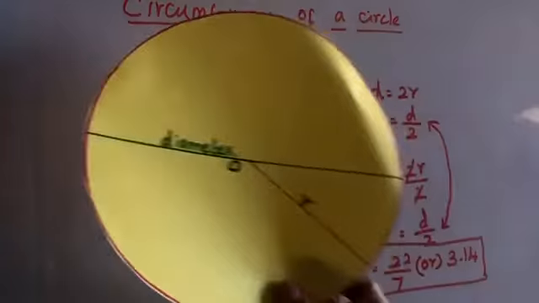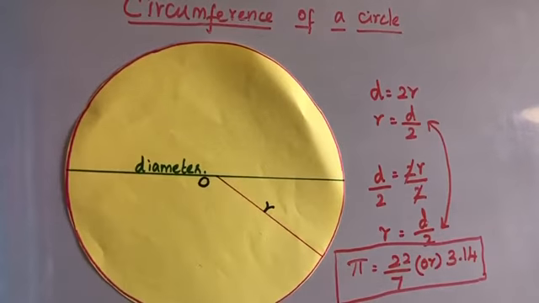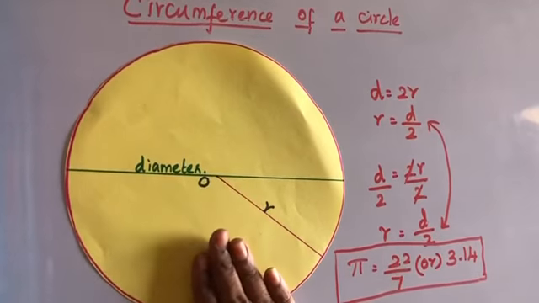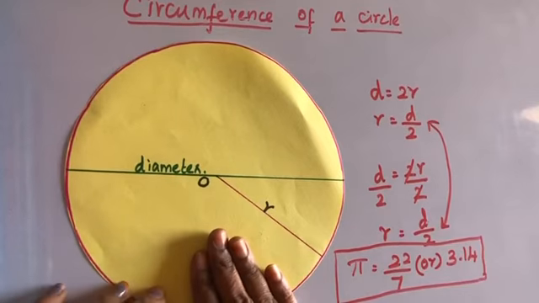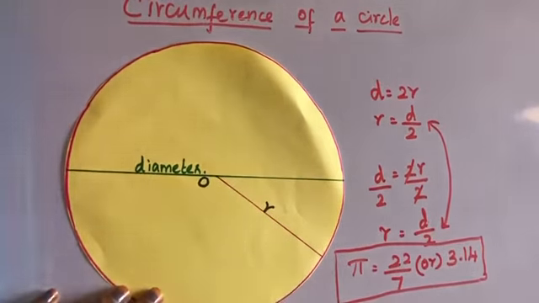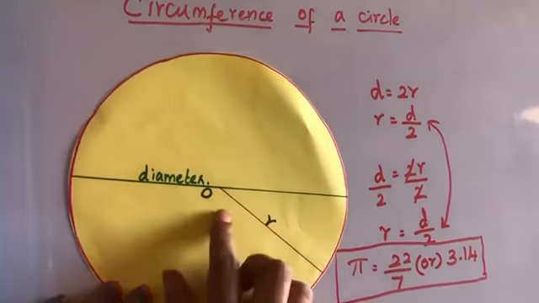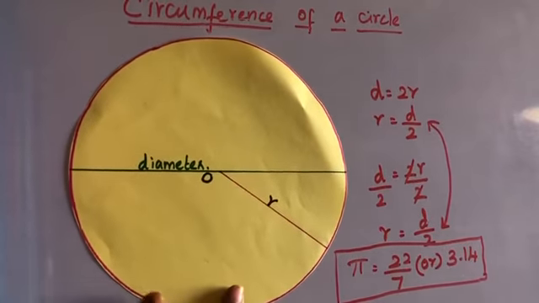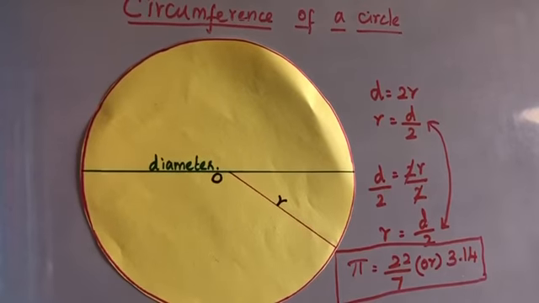But what is pi in the circle? Pi is the ratio between the circumference and the diameter. For any circle, the value of pi is 3.14. It remains the same.